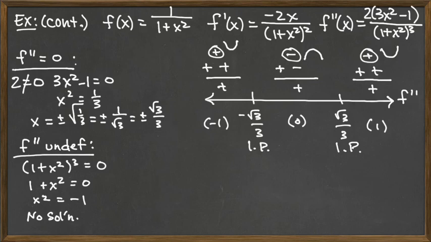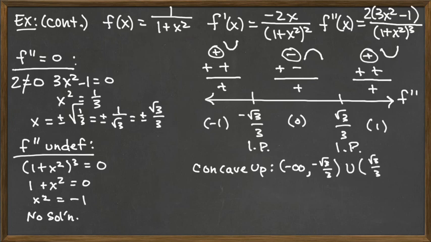And so we're ready to make our final conclusions. We've got concave up. Well, it starts at negative infinity because it's our leftmost interval, and it goes all the way to negative root 3 over 3. We don't include those cutoff places, but it picks back up here at root 3 over 3 and goes on till infinity. So we've got concave up for those 2 intervals, concave down in between.